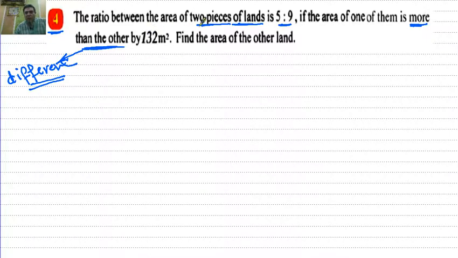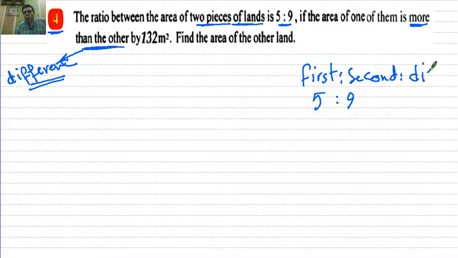Then the 2 pieces, we said first piece to second piece is 5 to 9. Then the difference. The difference in ratio here is 9 minus 5 equals 4.